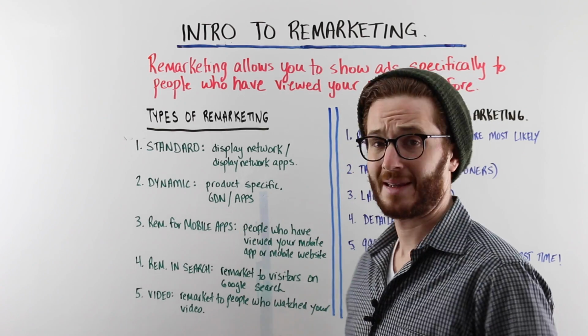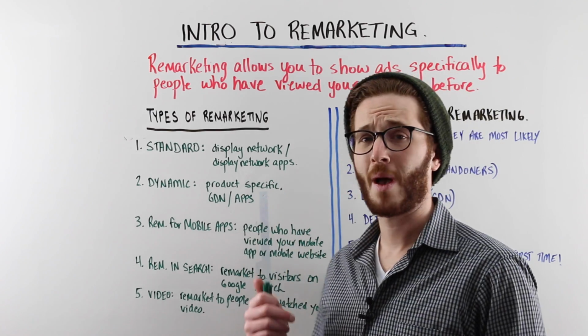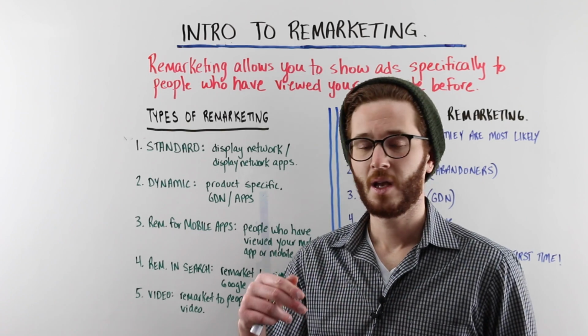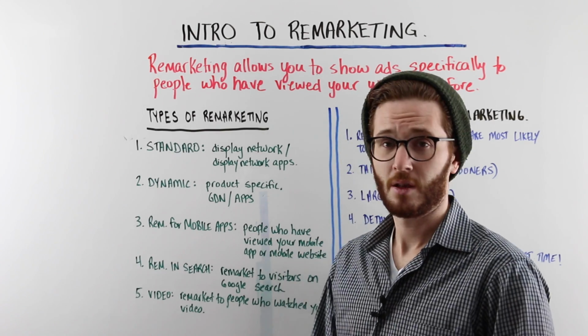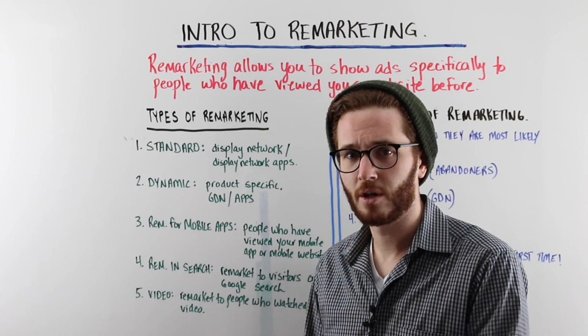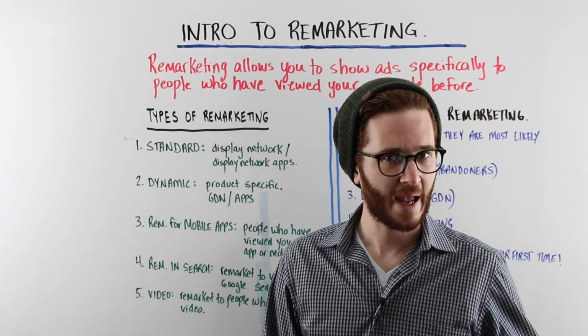Standard remarketing allows me to say, hey, when that person is now browsing the web and they're on websites contained in the Google Display Network, for example, the Huffington Post and ESPN or Bloomberg Media, there's over 2 million different websites that are included in the Google Display Network that will show AdWords Display Network ads.